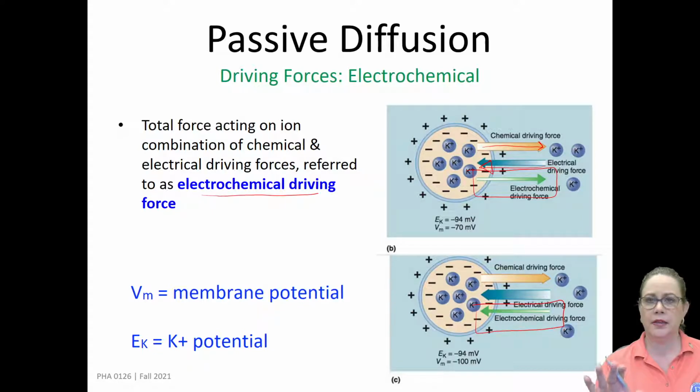I'm not going to get this detailed and ask you to calculate the exact contributions to determine a net. I just break it down and have you tell me chemically, is this favored to move in or out of the cell? Based on the electrical driving force, is it favored to move in or out of the cell? We're not going to have you determine which of those factors has a higher contribution.